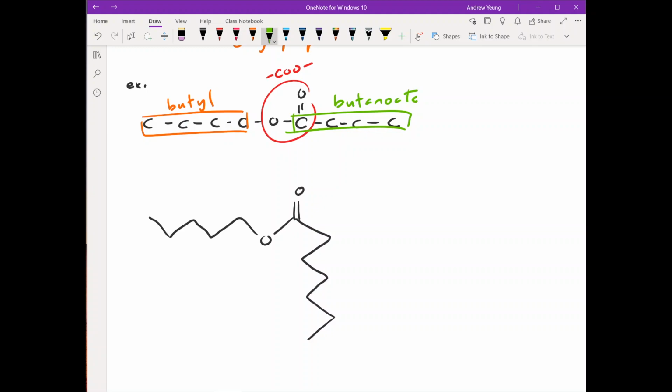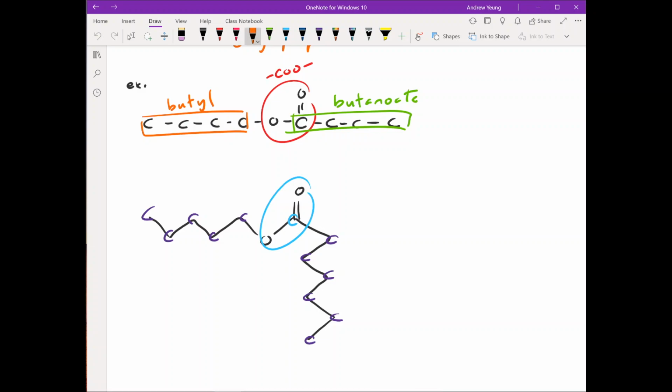Okay. What about the one at the bottom here? This is now really kinked really oddly. Again, if it helps, just plop down the carbons that are on the different corners. Okay. We know our functionality here is going to be the ester grouping. It's the COO part. The oxygen side is going to be the branch. So the branch in our case here has 1, 2, 3, 4, 5.